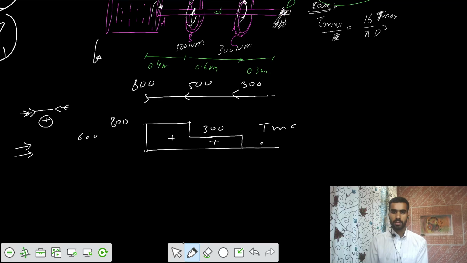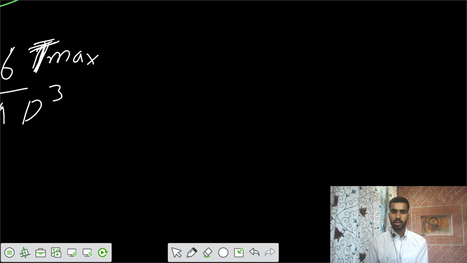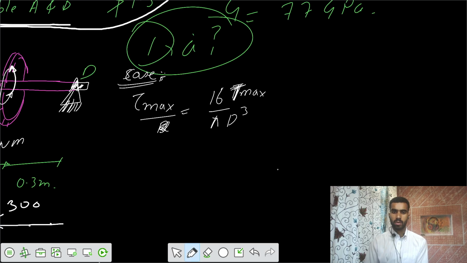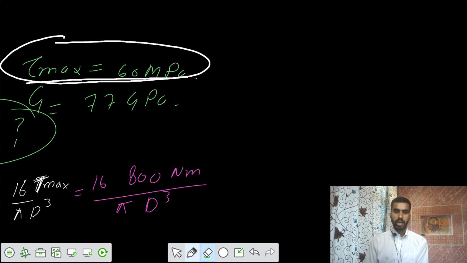This is your TMD. So based on these two values, what is the Tmax we got? Tmax is equal to 800 Newton meter. So your Tmax is 800 Newton meter. Then 16T by pi d cube, and tau max from the problem is 60 megapascal.